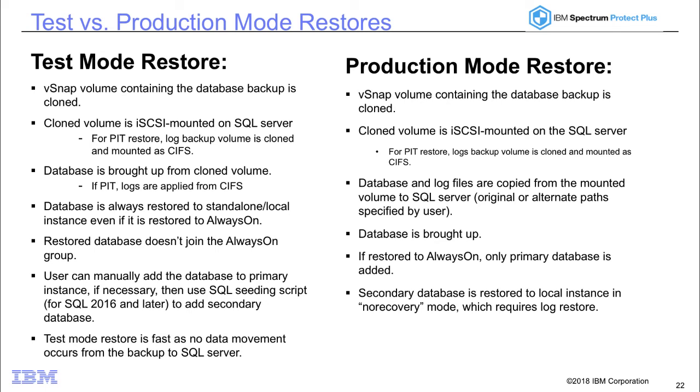Again, the database will be brought up. If it's restored to an always-on availability group, only the primary database is going to be added, so you're going to go out there and reseed the other members of the AAG. Secondary databases will be restored to the local instance in no recovery mode, which requires a log restore.